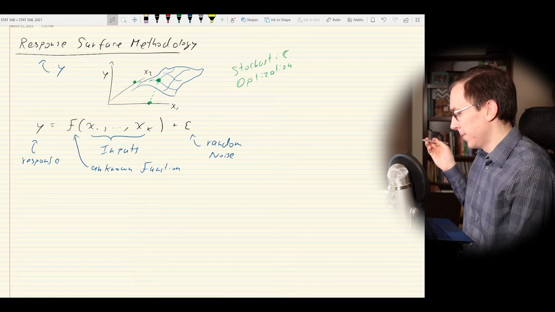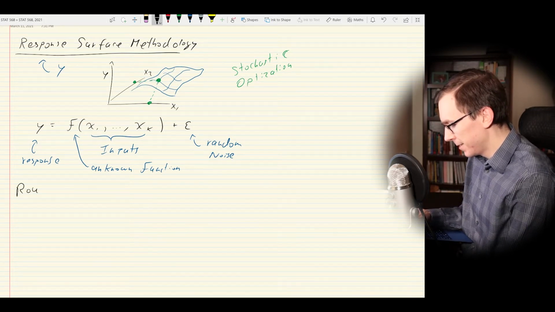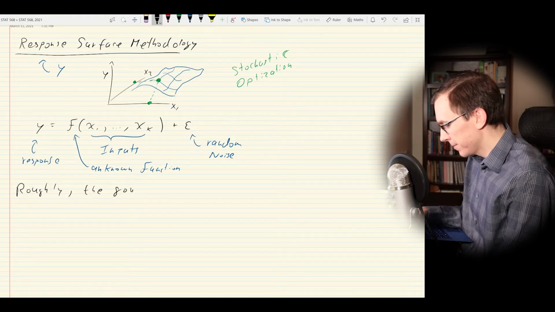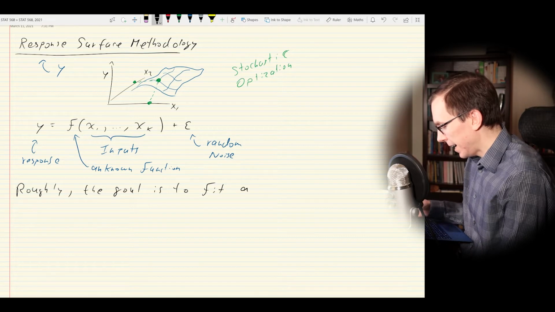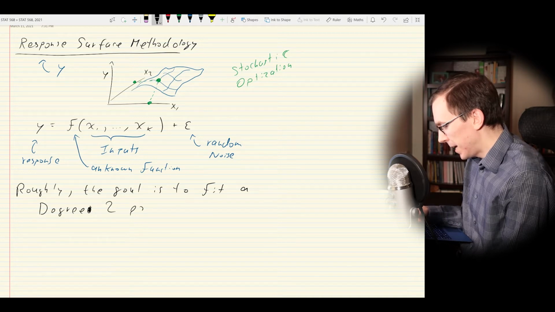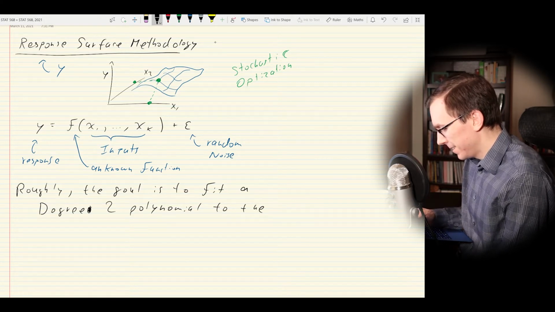Right, so what are we doing? Well, I'll say roughly, the goal is to fit a degree 2 polynomial to the data points, which I haven't told you how to collect yet.